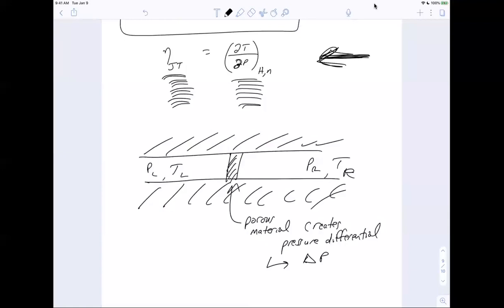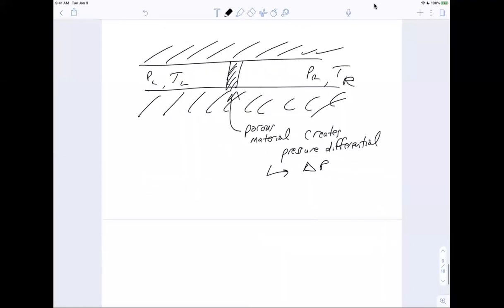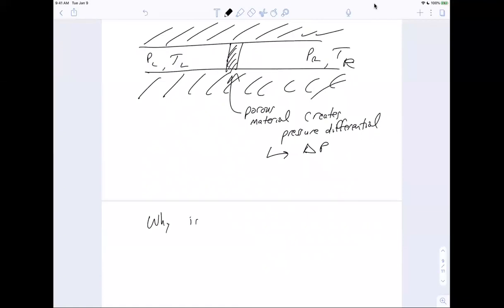Why is the Joule-Thomson coefficient useful?